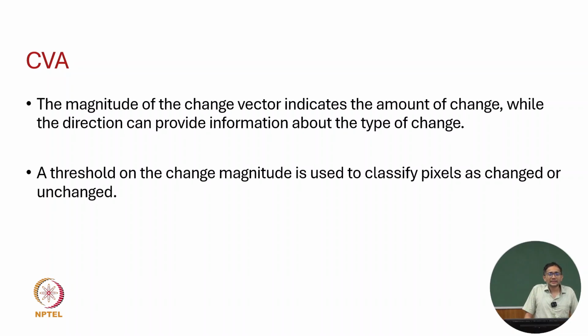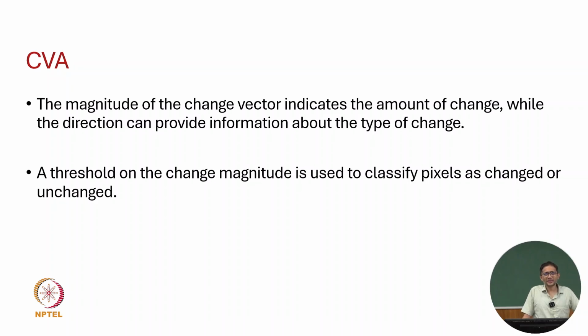In CVA, basically we compare the magnitude. From the difference we compute the magnitude, and this magnitude indicates the amount of change, while a direction can also be calculated, which provides information about the type of change. Let us restrict ourselves to binary change detection, which is distinguishing the unchanged pixels from the changed pixels.